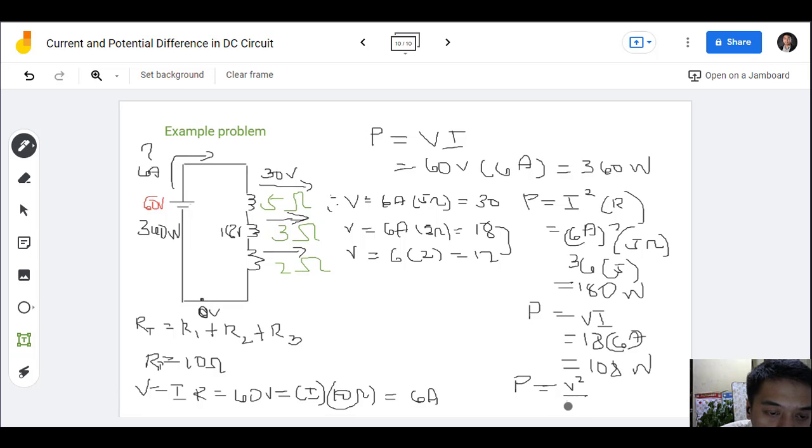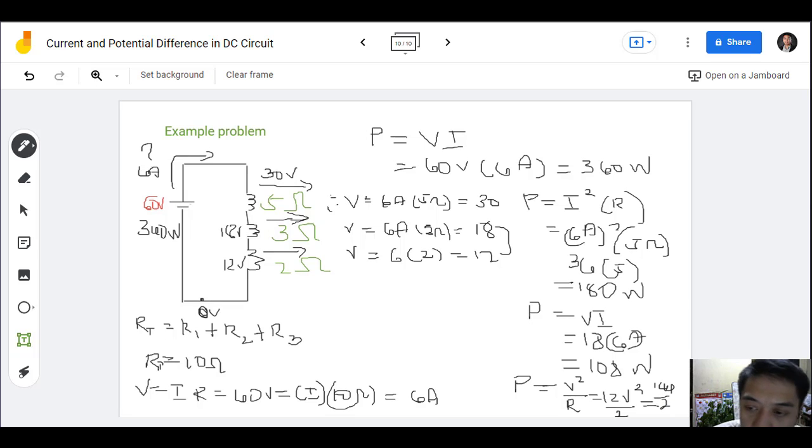formula V squared over R. We will have a voltage for this one is 12, diba? 12 volts squared over R. Yung R natin is 2. So 12 times 12 is 144.